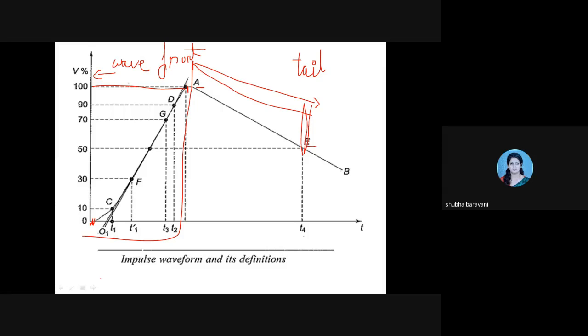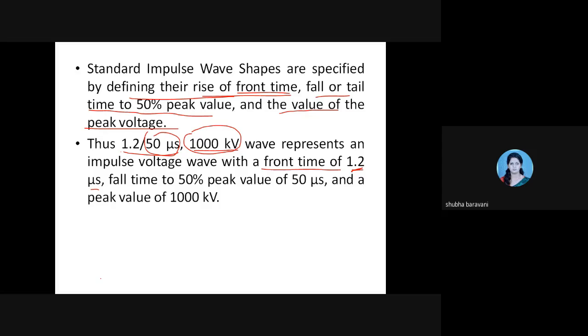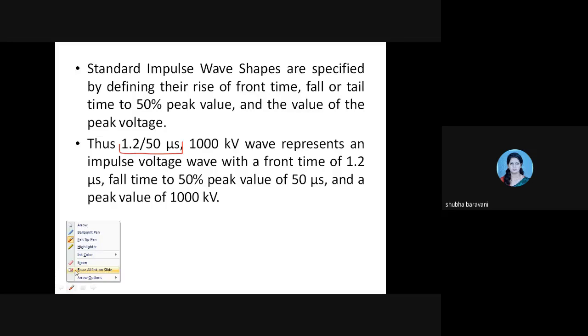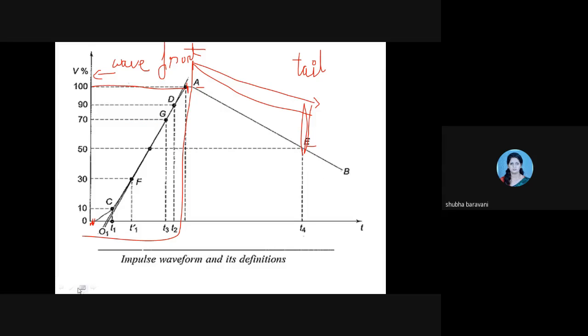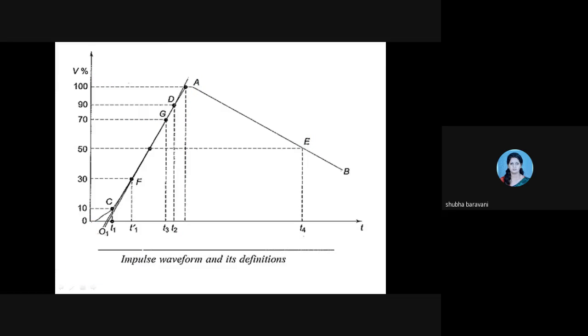There are three parameters when you specify an impulse wave. One is its rise time, which is 1.2 microseconds, the time taken by the wave to rise from 0 to peak value.